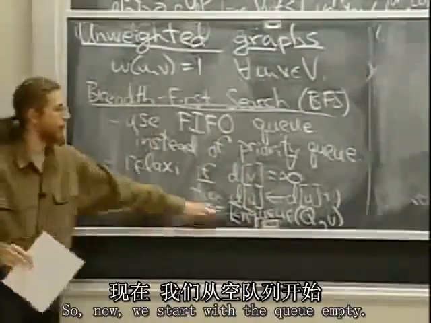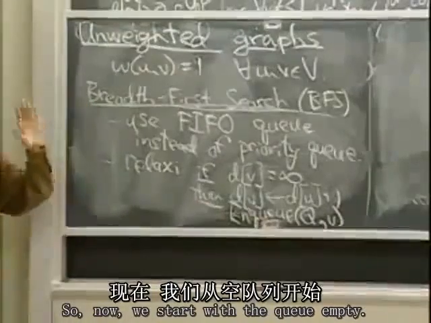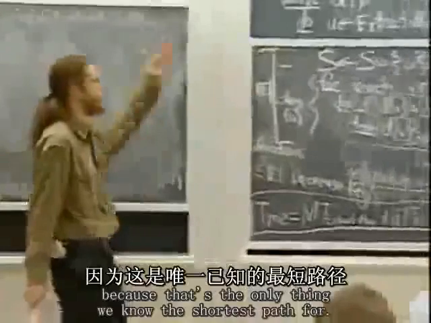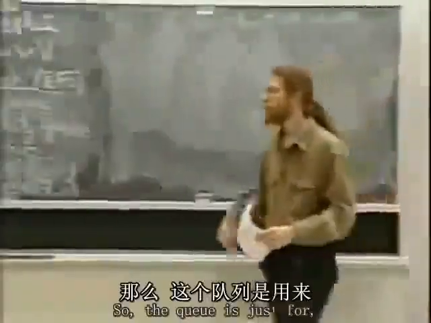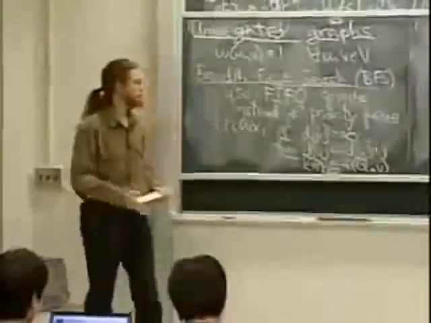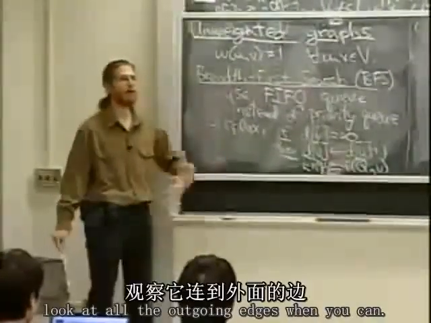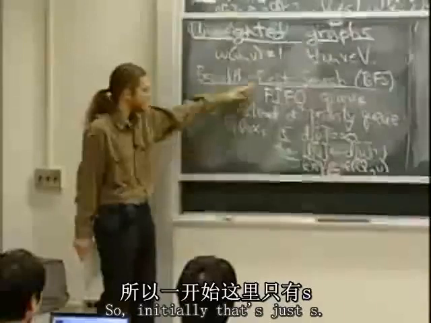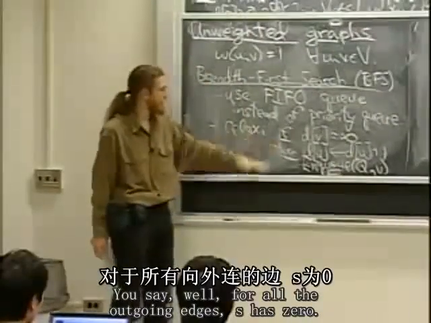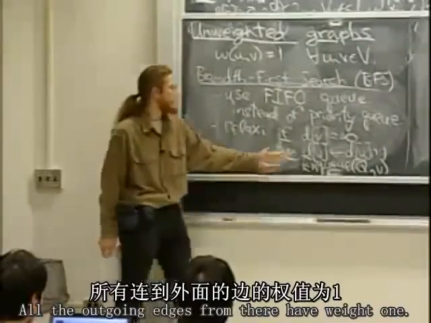So we start with the queue empty. Actually, it will just contain the vertex s, because that's the only thing we know the shortest path for. So the queue is just for, I know the shortest path of this thing, just deal with it when you can. Look at all the outgoing edges when you can. So initially that's just s. s has 0. All the outgoing edges from there have weight 1.